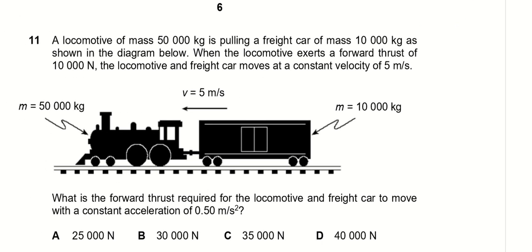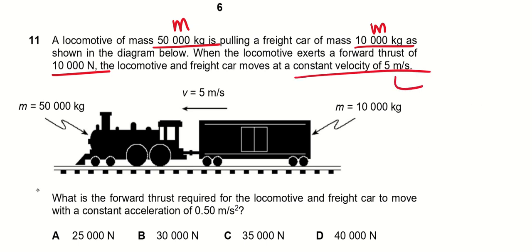Okay, a locomotive of mass 50,000 kg is pulling a freight car of mass 10,000 kg. So their total mass is 60,000. When the locomotive exerts a forward thrust of 10,000 Newton, the locomotive and freight car move at a constant velocity. When you see constant velocity, it means there is no acceleration. That means no F net.